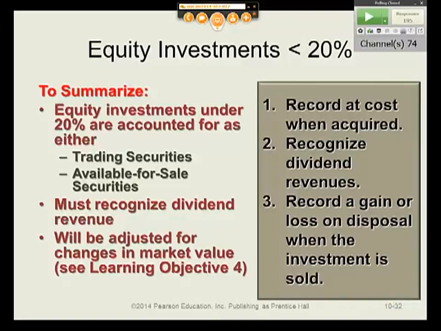So let me try to make this clear. We're going to go back over this, but when we have trading and available for sale securities, we could recognize them at fair value. Changes in fair value are known as unrealized gains and losses.